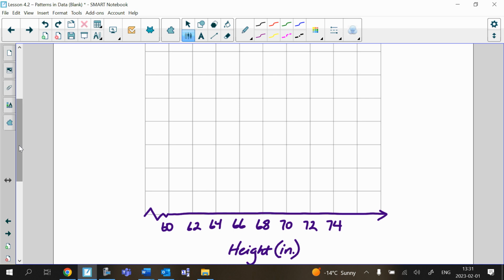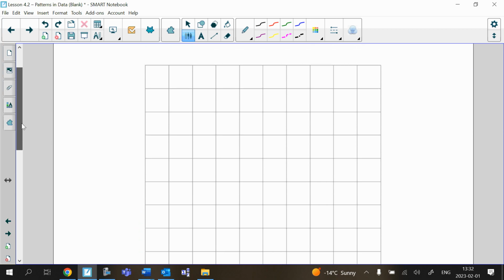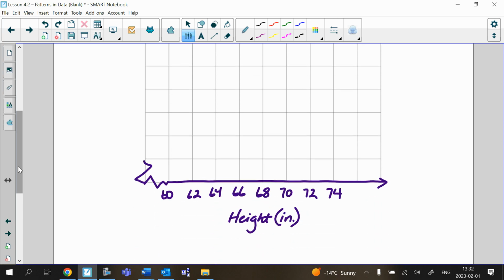I think if we went up by 10s, we wouldn't have enough to get to 200. So let's start at 100 and go 120, 140, 160, 180, and 200. And that's the weight.